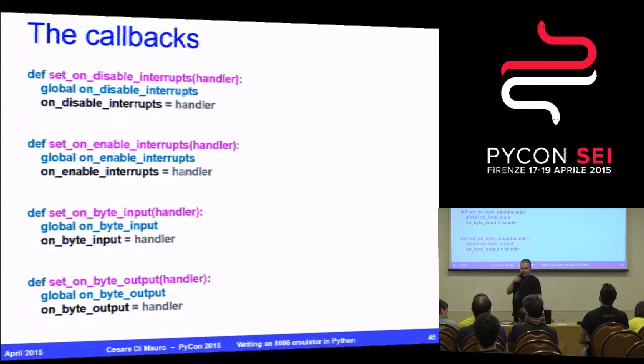The callbacks are very simple because basically I need to set when the processor has to disable interrupts or enable interrupts, or when we have to read or write a byte to an IO port, and so on. So I just say to the emulator, look, when you have to disable the interrupts, call this handler, for example.